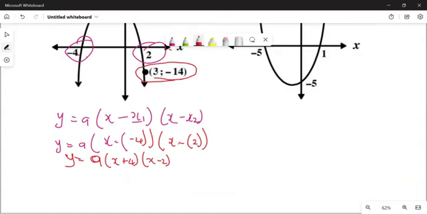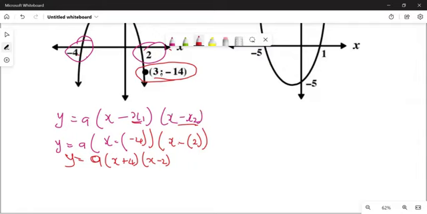I can't use 3 and -14 on x1 and x2. What are x1 and x2? I repeat, they are the x-intercepts. I can't substitute anything else other than the x-intercepts on x1 and x2. Do you hear me, guys? The only things that you substitute for x1 and x2 are x-intercepts, not the y-intercept.